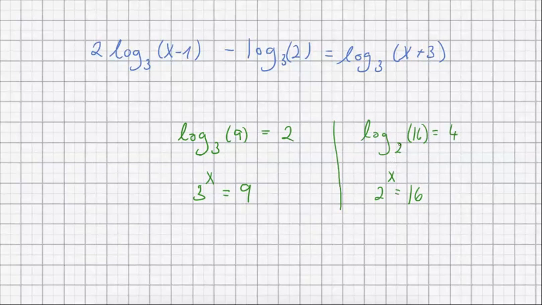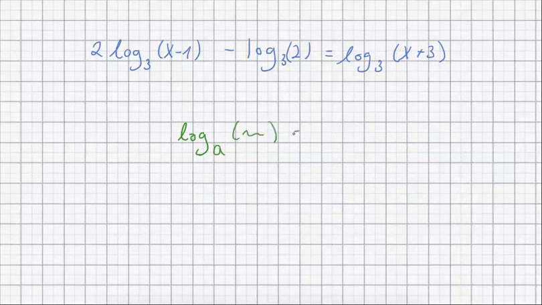Okay. Now, when you have an equation with logs, what you want to get is to have log with some base, let's just call it A, because it doesn't matter what base. You want to have log with some base of something equals log with the same base of something else. And once you have on both sides log with the same base, you can just get rid of the logs, and then you say this something has to be equal to this something.